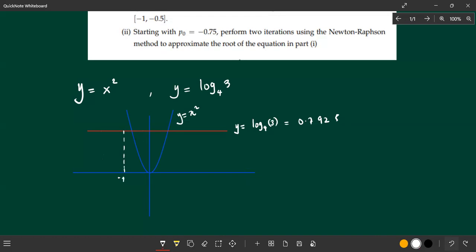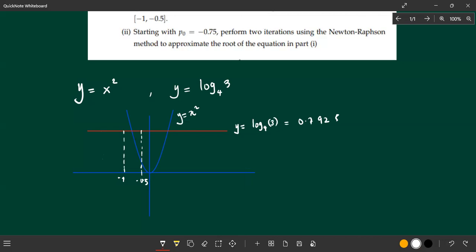So that's -1, and then -0.5 is somewhere here. So we have to check if indeed there is a root in that interval given.